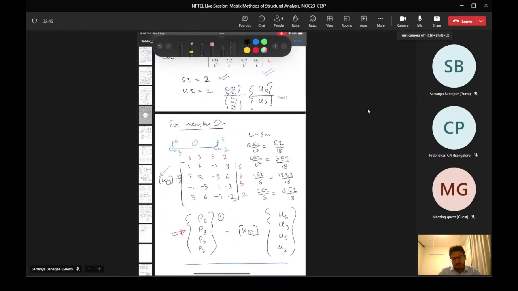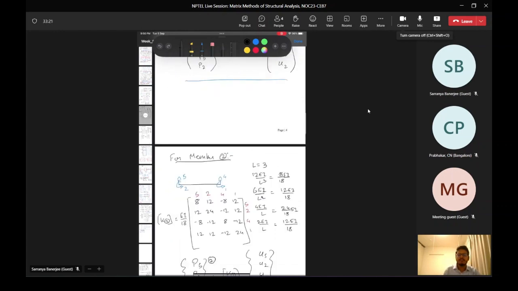For member one, this was the first beam element where we had the degrees of freedom as 6 3 5 2. So we have the stiffness matrix as 6 3 5 2. We already know the different displacements at the degrees of freedom 6 3 5 2.